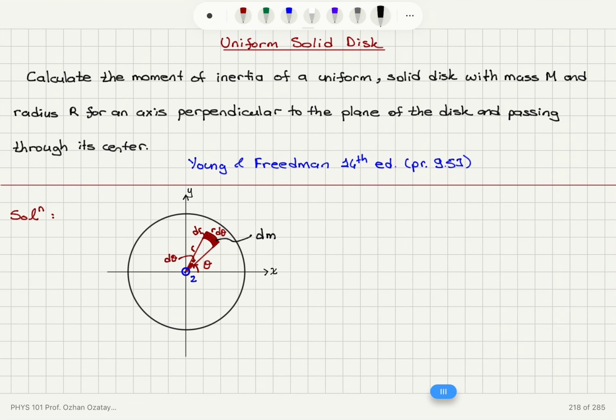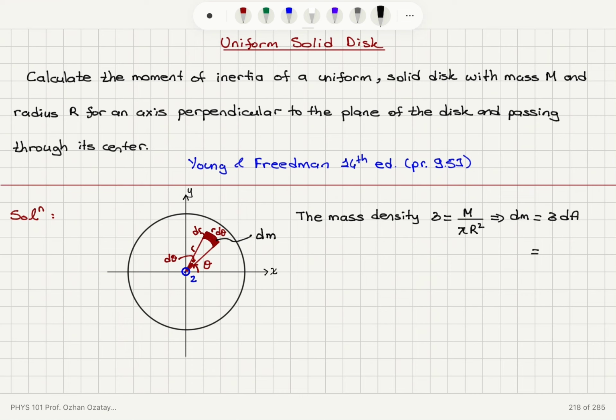A solid disk is a two-dimensional object, so we can talk about the mass density as areal mass density. The mass density sigma will be equal to, because it's a uniform mass distribution, capital M total mass divided by the total area pi capital R squared, so that the mass element will have a mass sigma multiplied by its area dA.